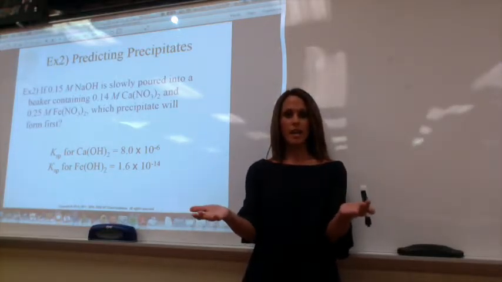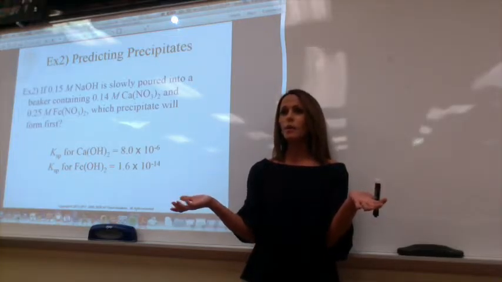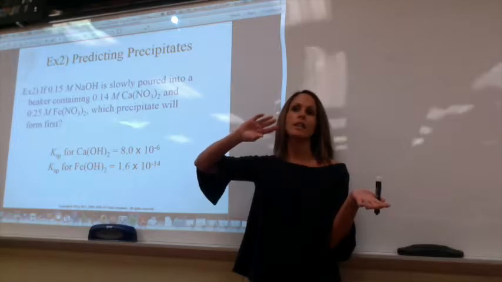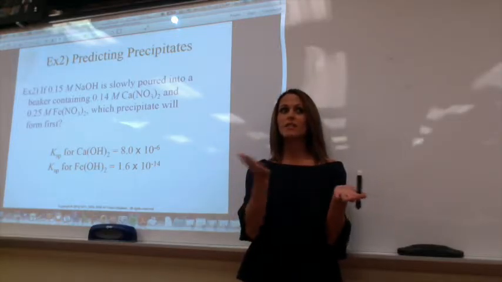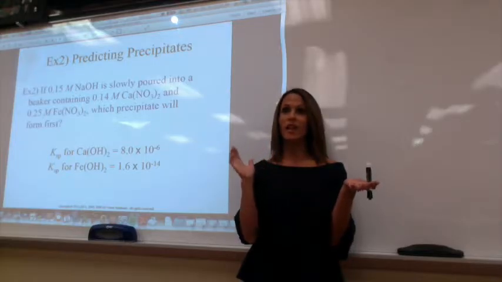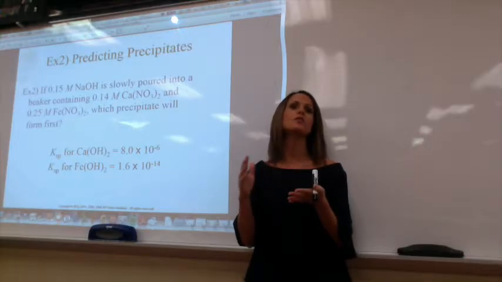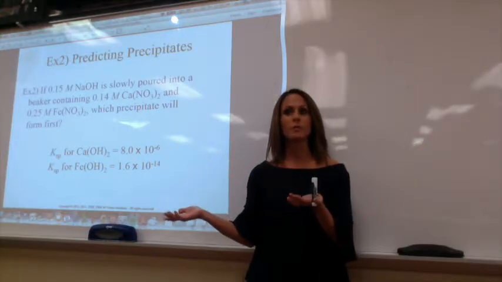If it's not pure something, it has other stuff in it. There's ions floating around. Then I'm going to pour some other chemical in it, and it's going to precipitate something in that solution. One of those ions will have a lower KSP value and precipitate first, right? Low KSP means low solubility, so it would precipitate first.